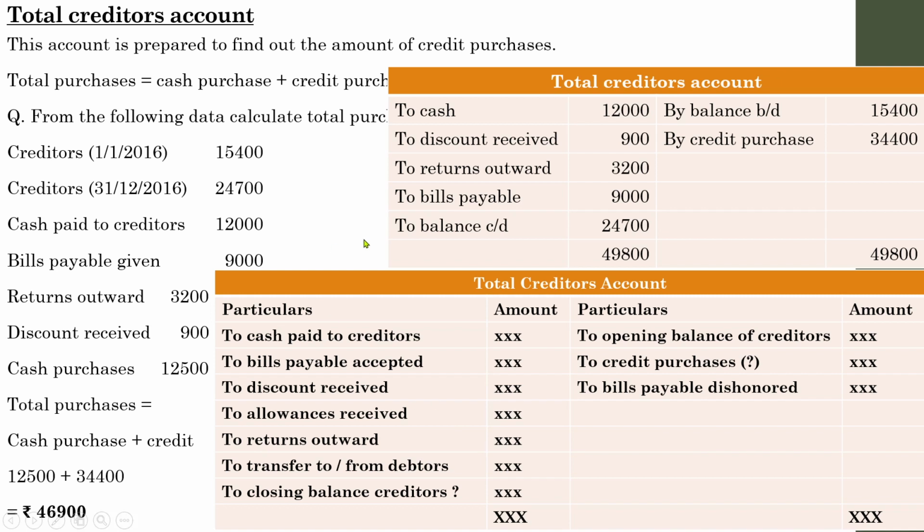understand the concept. Right now we have completed two types of ledgers, that is total debtors account and total creditors account. Next we are going to learn the preparation of bills receivable account. It is yet another important ledger account that has to be prepared in order to identify the missing figures.